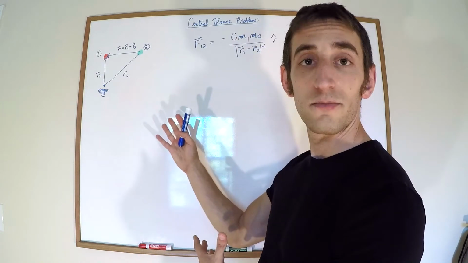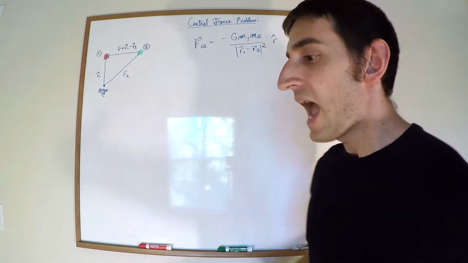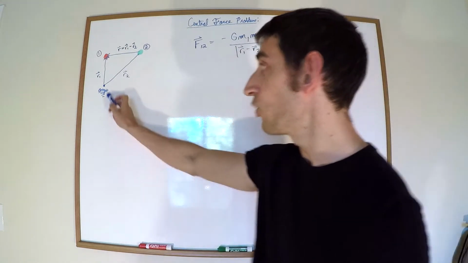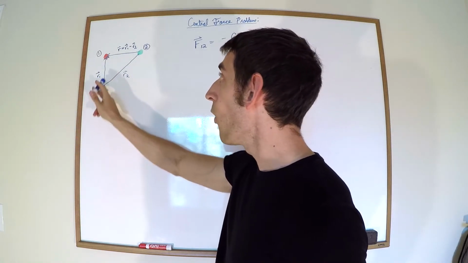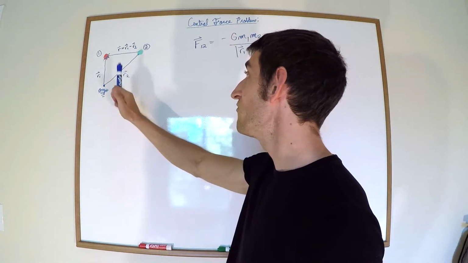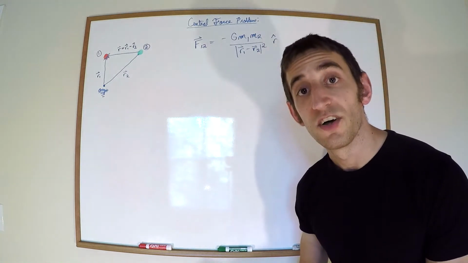My art is bad, but this will do the job. Okay, so we're going to have two bodies, and we're going to track their positions with regard to an origin. So we're going to have an origin here, and we're going to say the position vector R1 always points to the position of particle 1, and the position vector R2 points to the position of the Earth.